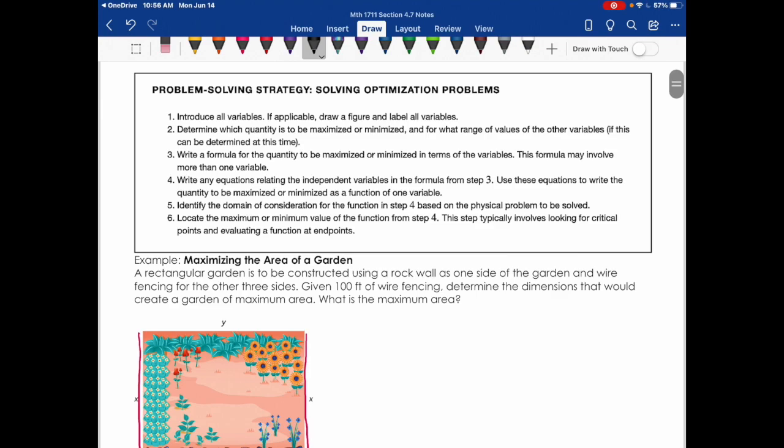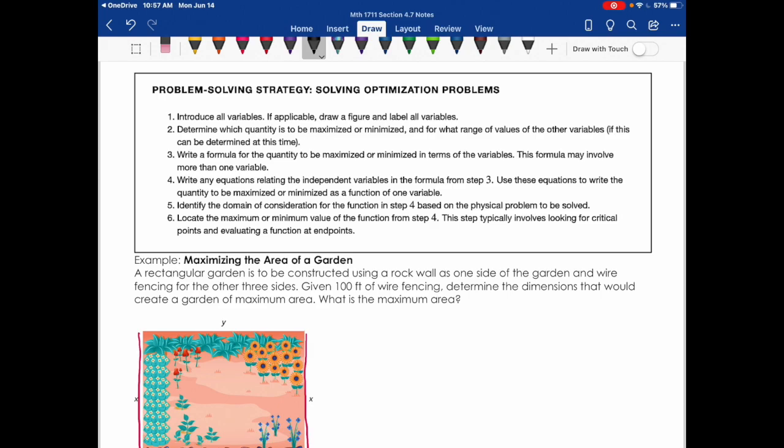Okay, so there's a problem-solving strategy here in this box where it talks you through what to do step by step. And we're going to follow this when we're working through our examples. So our first example says a rectangular garden is to be constructed using a rock wall as one side of the garden and wire fencing for the other three sides.